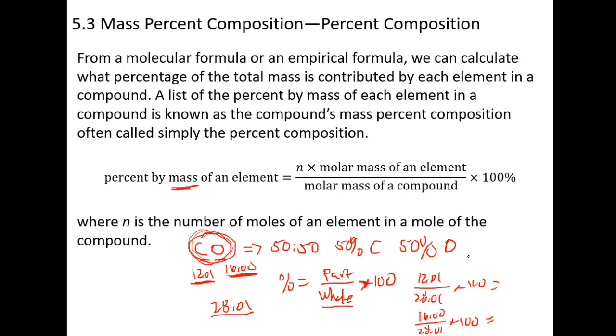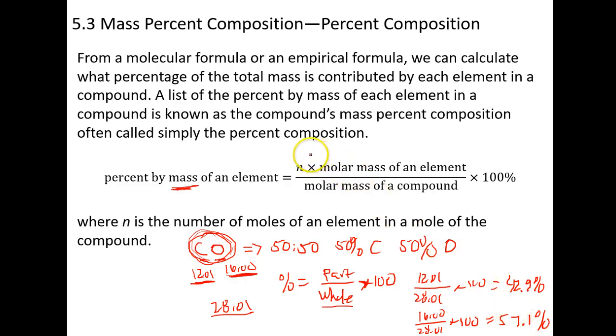All right, so if you take 12.01, divide it by your 28.01, and then multiply by 100, you get 42.9%. And then if you do the same thing for the 16, you'll get 57.1%. So it's not 50-50, it's 42.9 to 57.1. Okay, and that's what's meant by mass percent.